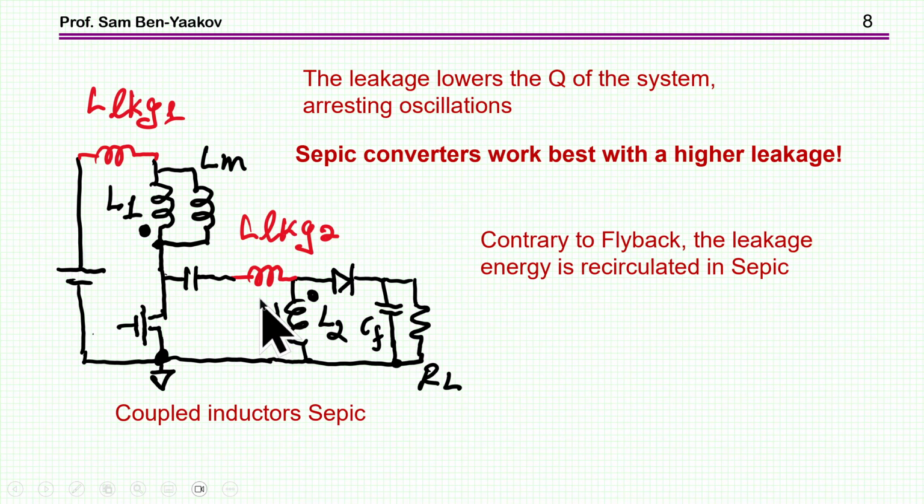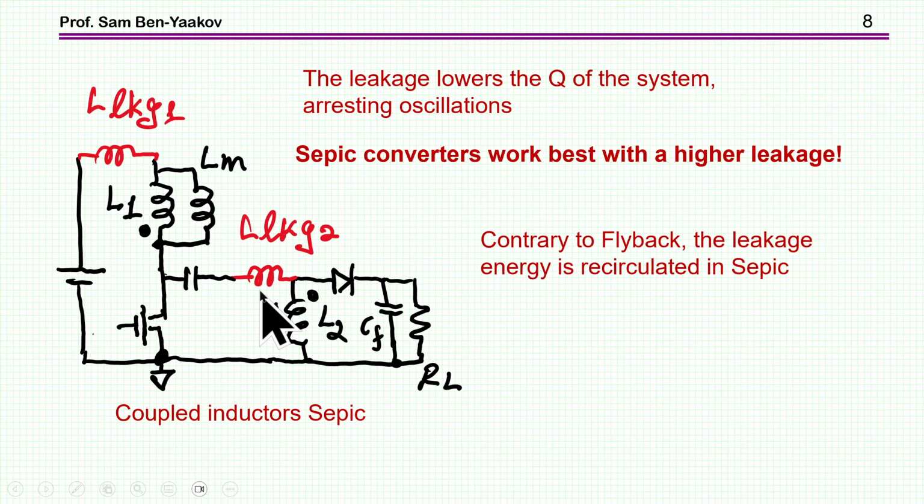That is, you are not suffering from what is happening with the Flyback, in which the energy in the leakage is actually lost unless you are using things like active clamp or some other approaches. But the basic Flyback suffers from leakage, and leakage reduces the efficiency of the Flyback.